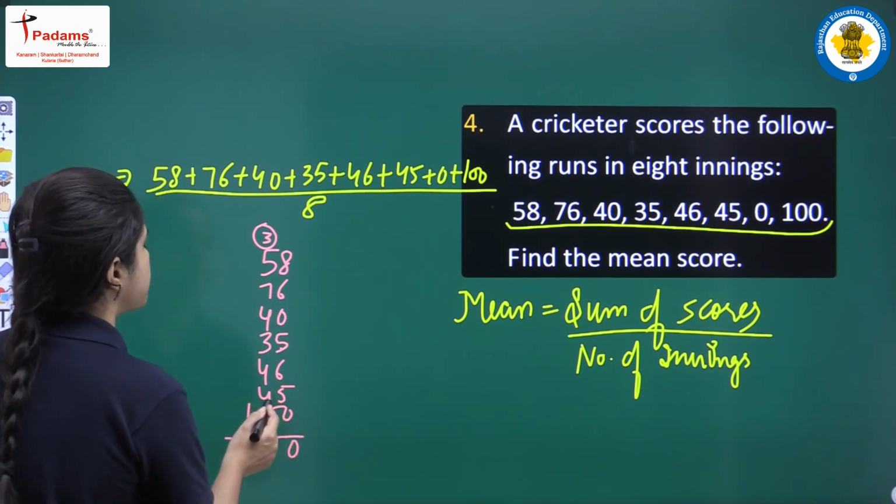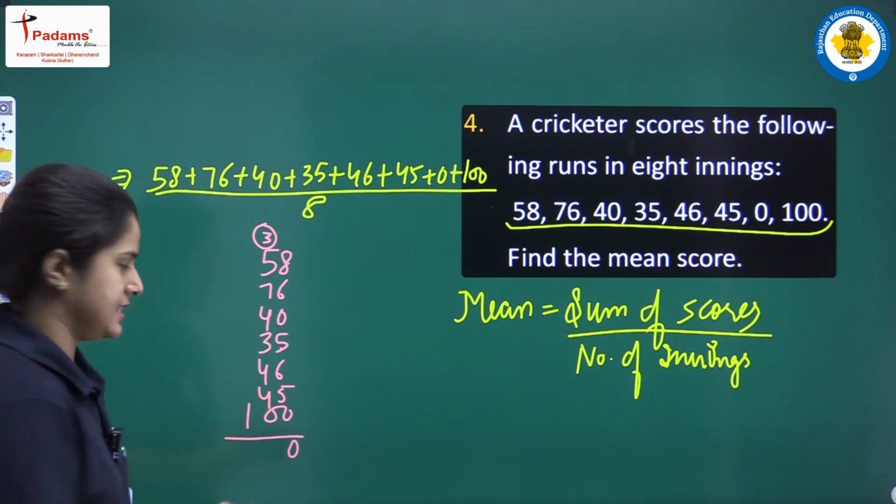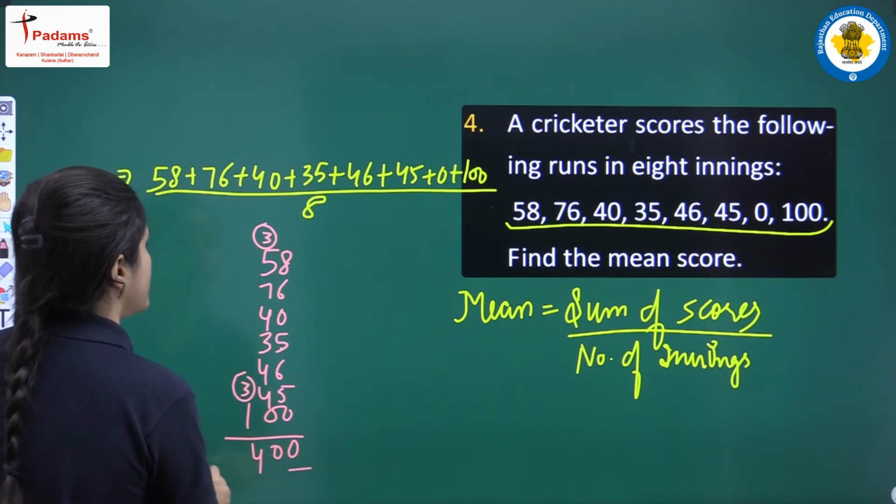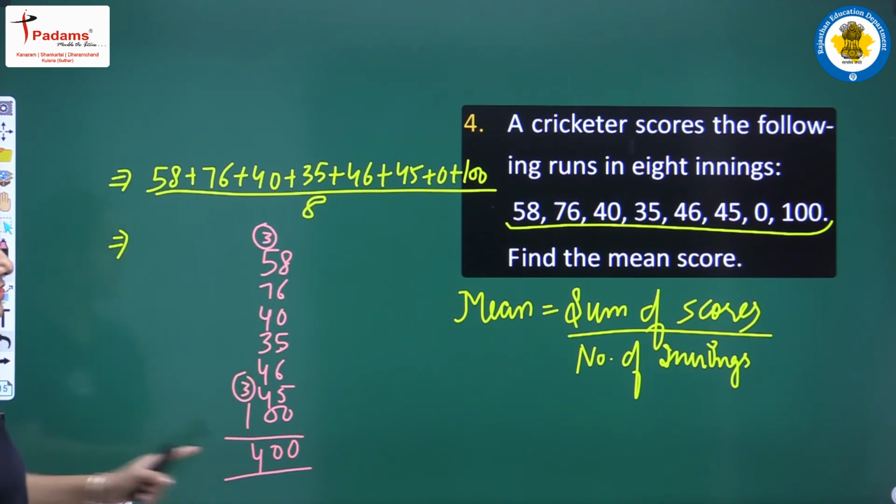And 26 plus 4 is equals to 30. 3 in the carry. 3 plus 1 is equals to 4. So sum of observation is, students, 400.